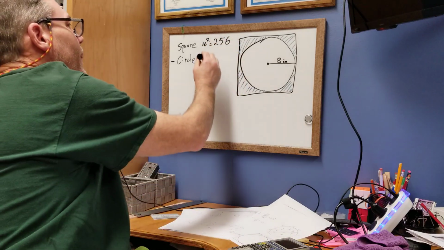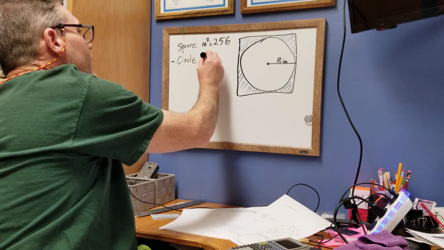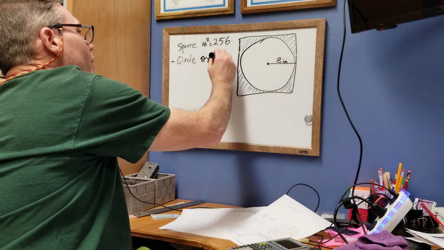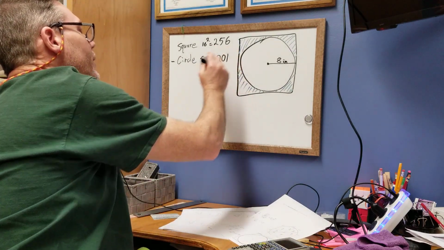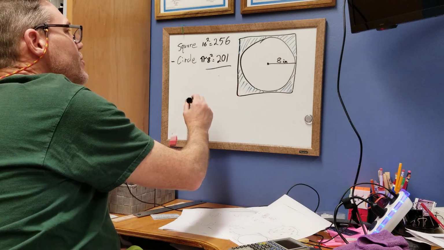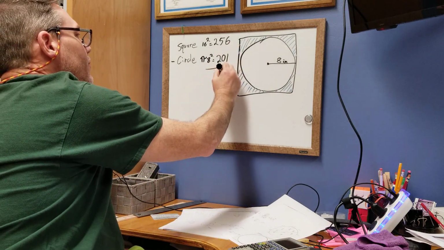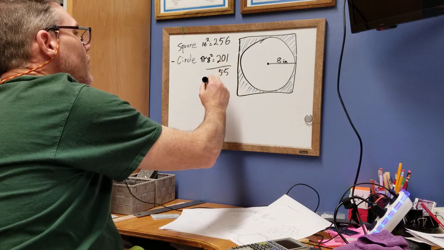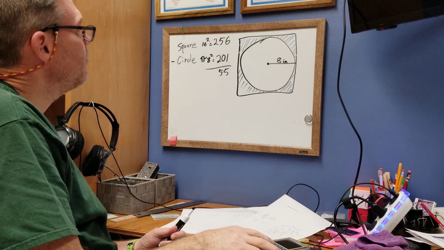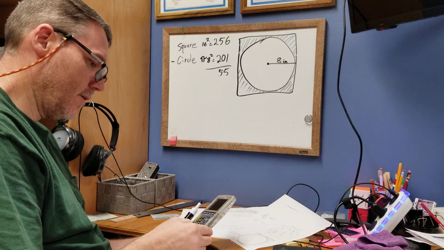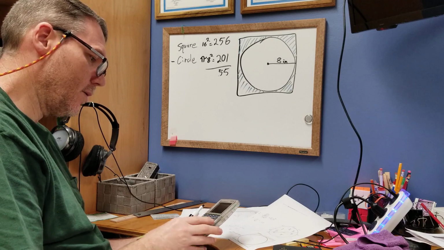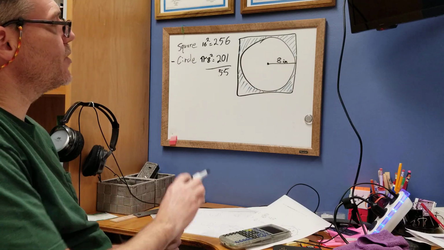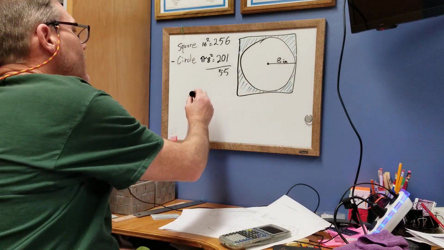The circle is pi times the radius squared, and I'm going to round that off to the nearest whole number, so it's 201. When we subtract those, we've got 55. So the total area of the shaded space is 55.